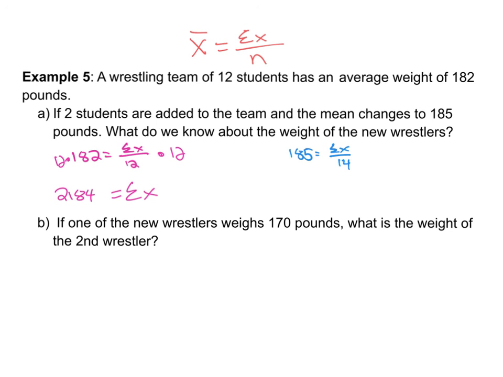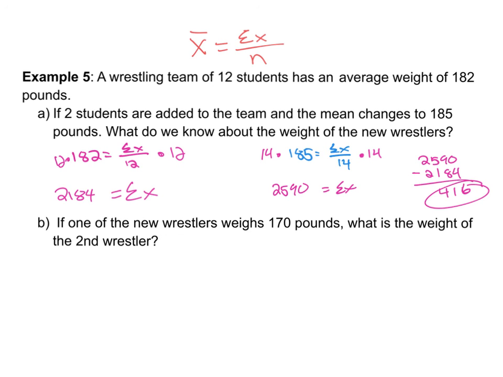And then over here, we multiply by 14, and now we know our total sum of our x values is 2590. What that tells us about the 2 new wrestlers is that if we take that 2590 minus the 2184, the combined weight of those 2 wrestlers is 416 pounds.